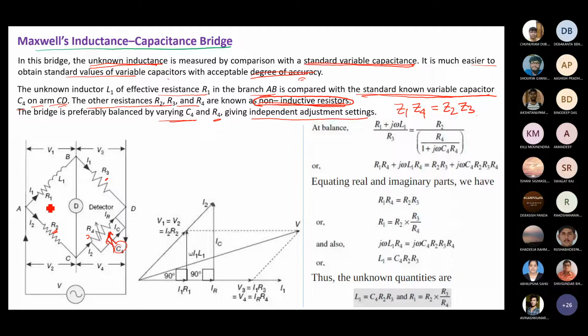Z1 equals R1 plus j omega L1. Then Z1 by Z2, sorry, I'm wrong, Z1 by Z3. Here it will be R2, with cross multiplying and interchanging. Finally you are getting Z1 by Z3, that is R3.